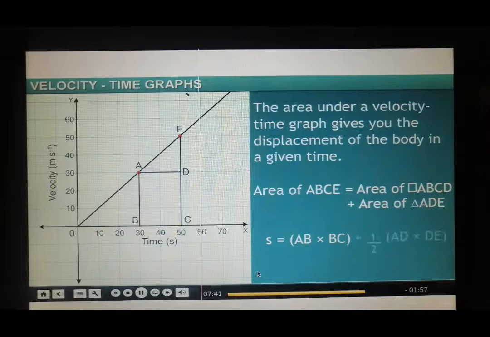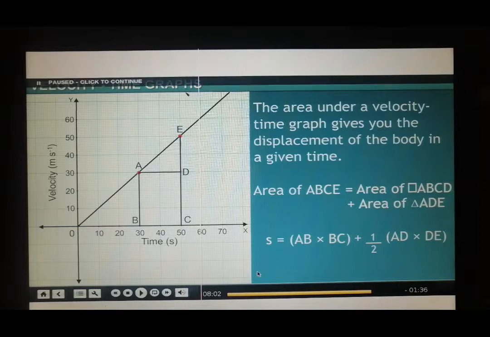The area of the triangle ADE is half the product of its base AD and its altitude DE. Hence, the displacement is equal to S is equal to AB multiplied by BC plus half of AD multiplied by DE.